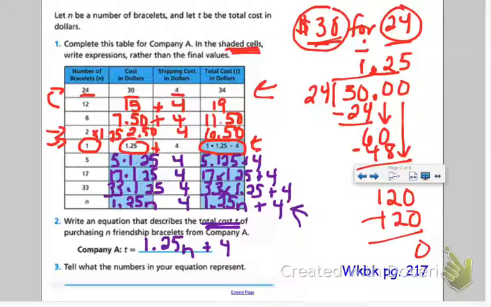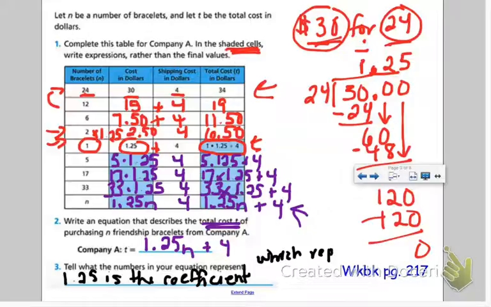Tell what the numbers in your equation represent. Okay, well, the $1.25 is the coefficient, which represents the cost in dollars for one bracelet.